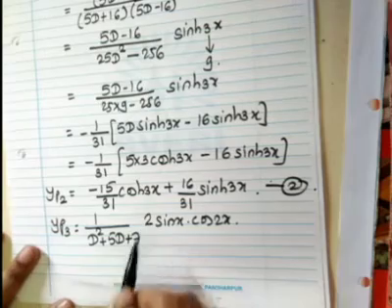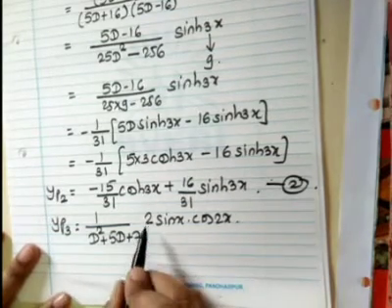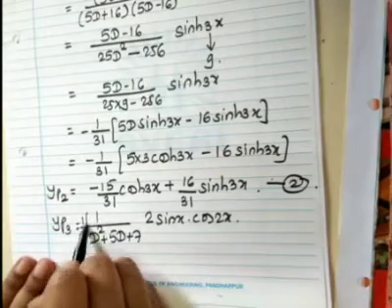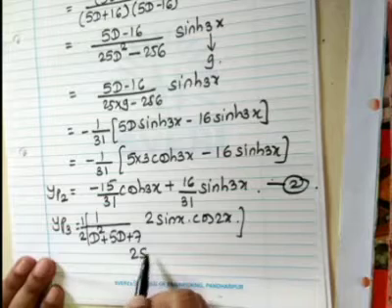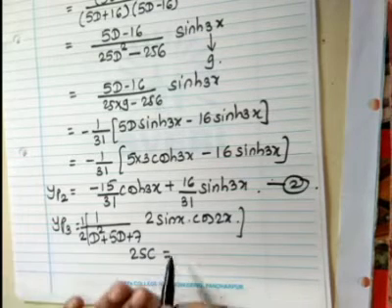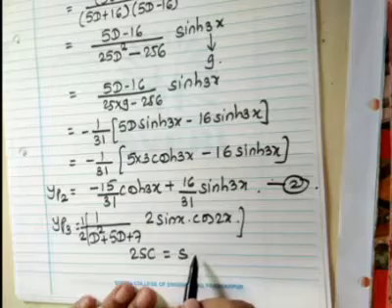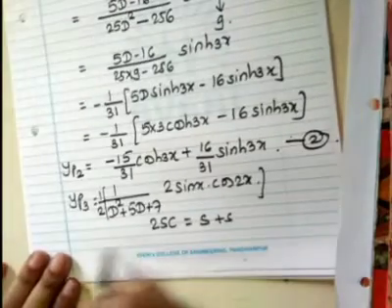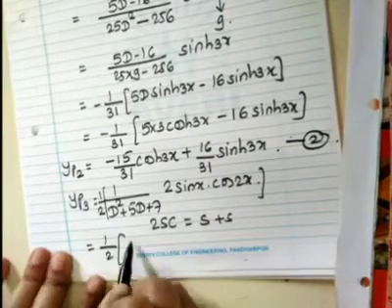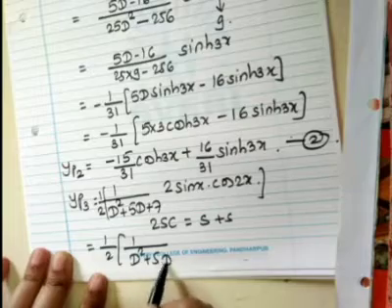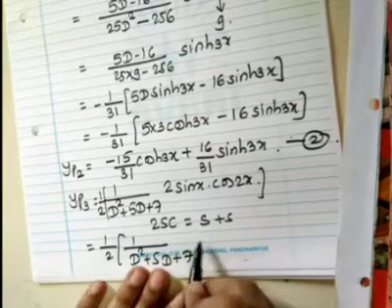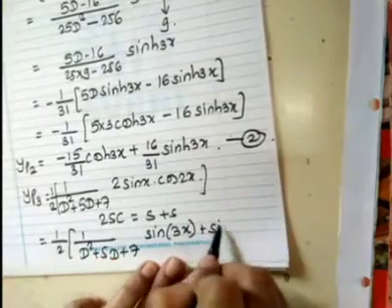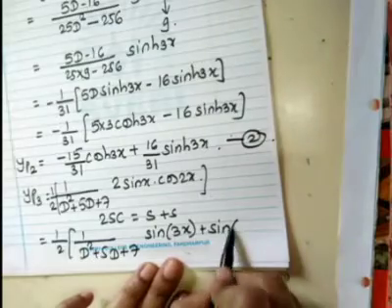We have a formula, 2 sin a cos b. So we have to multiply by 2 and we have to divide by 2. What is the formula? 2 sin a cos b equals sin a plus b plus sin a minus b. So it is 1/2 of 1 upon d square plus 5d plus 7 of sin of (3x plus x... that is a plus b, 2x plus x) 3x plus sin of (a minus b, x minus 2x) minus x.